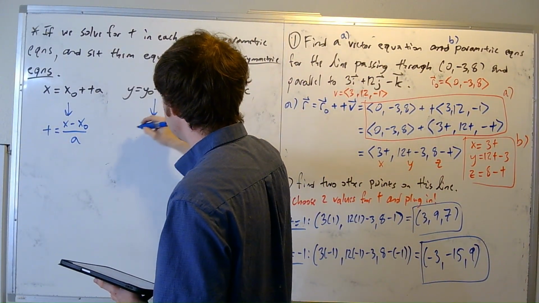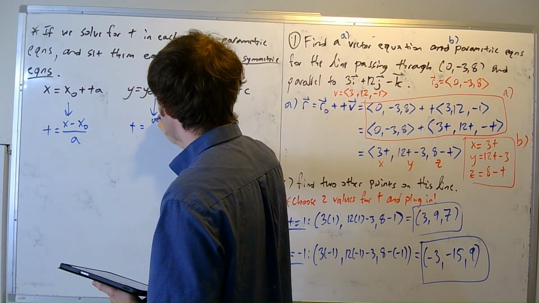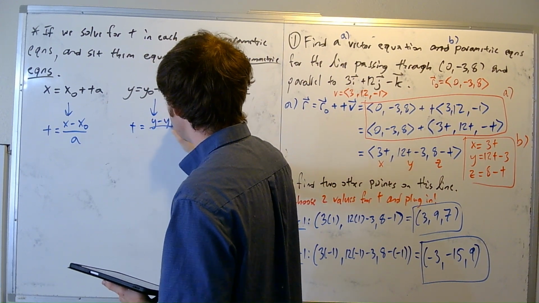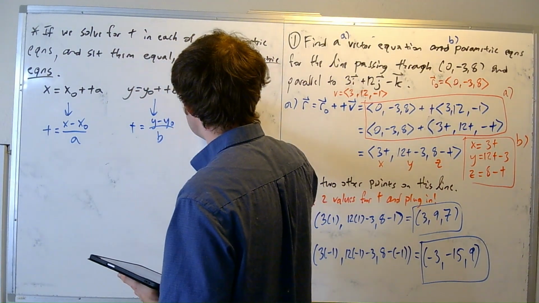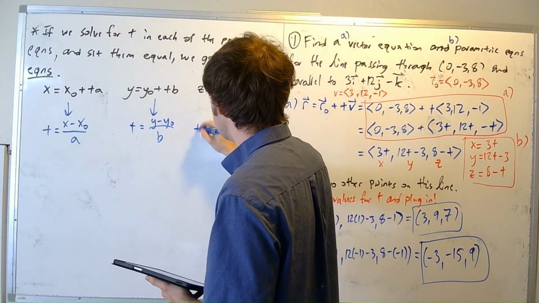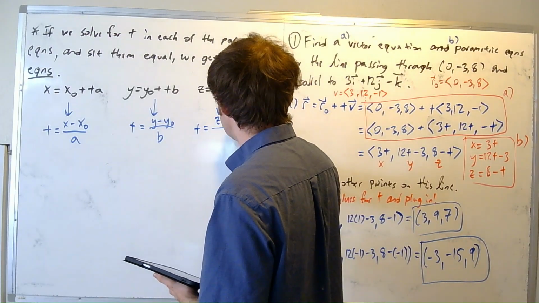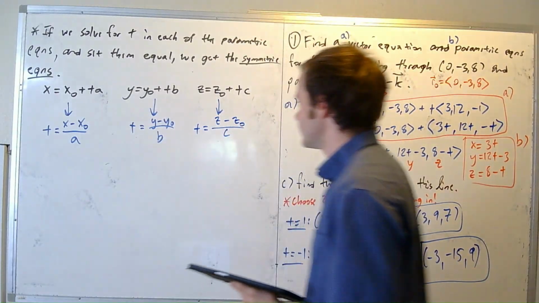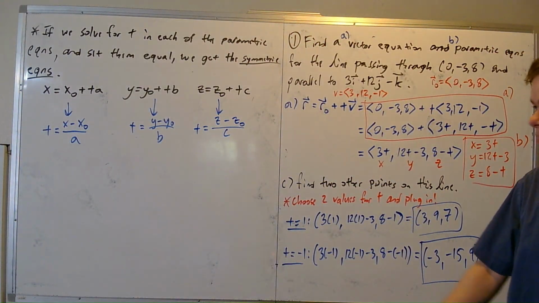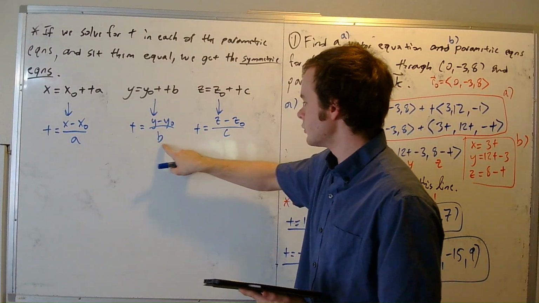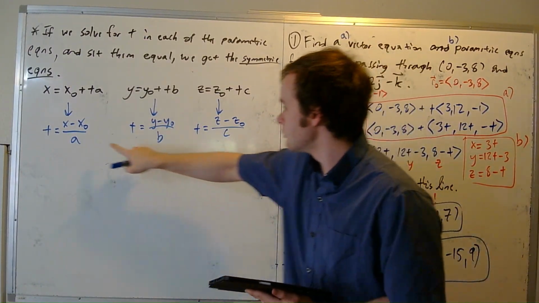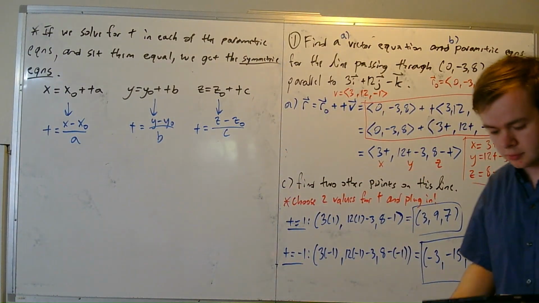Here we solve for t. T equals y minus y0 over b. And here we solve for t. So we're going to get t equals z minus z0 over c. Okay, so t is equal to this, t is also equal to this, and t is also equal to this. So all three of these things are actually equal to each other.